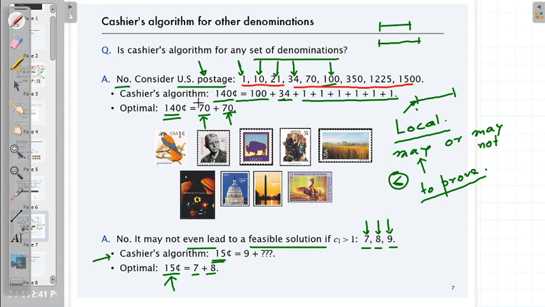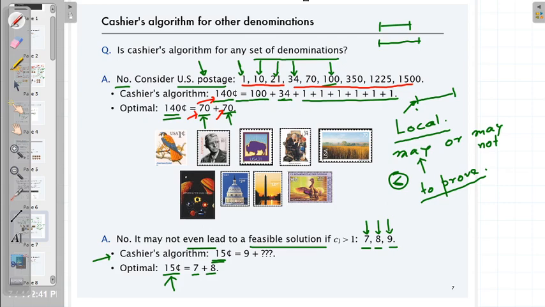If I have to give 140, then we have seen this is not optimal. The cashier's algorithm will choose like this, but the optimal one is this, only two postages we have to use.